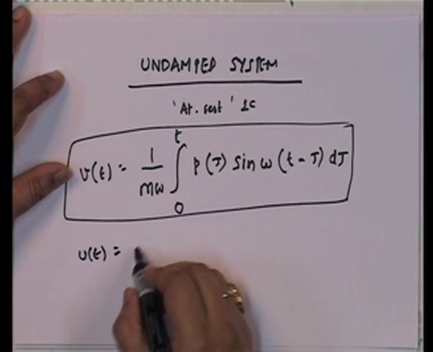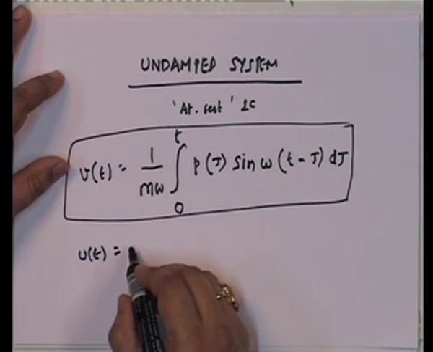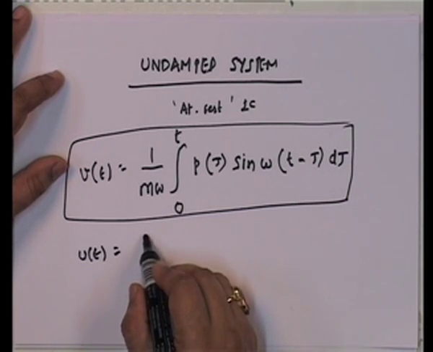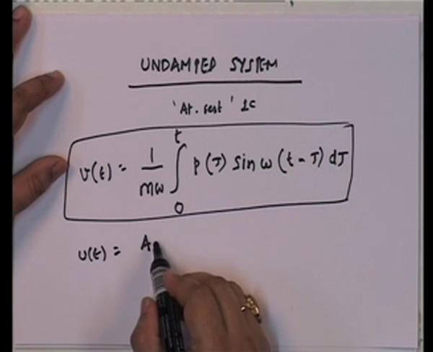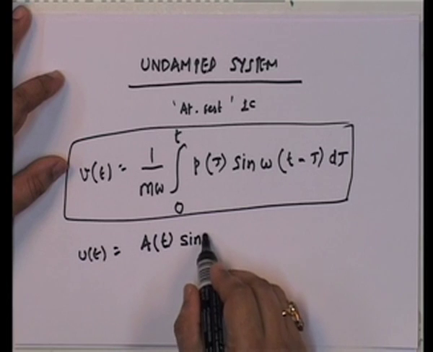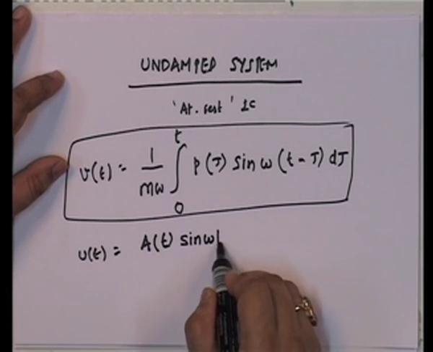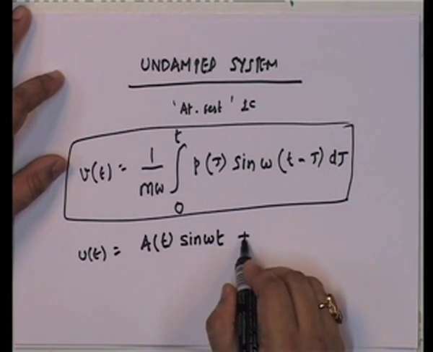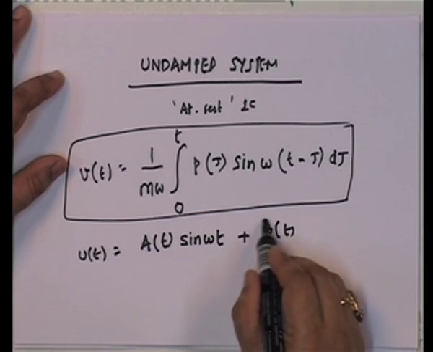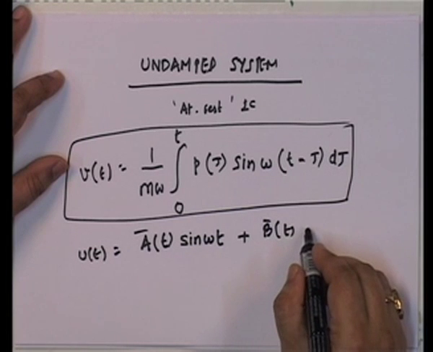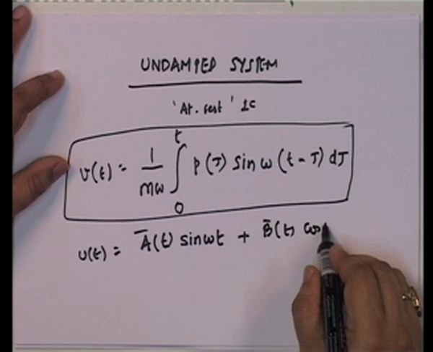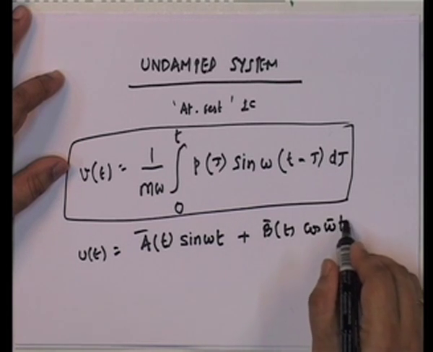So basically then this becomes a of t into sin omega t plus b of t cosine omega t.